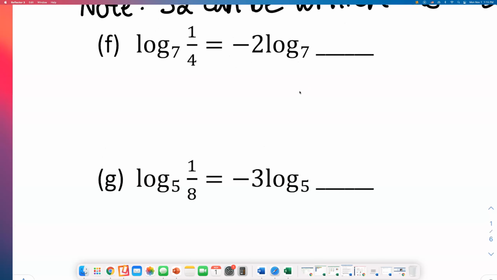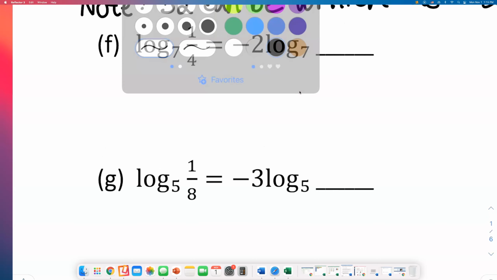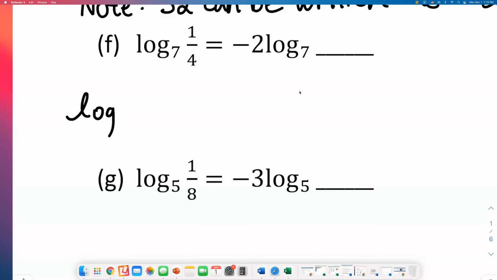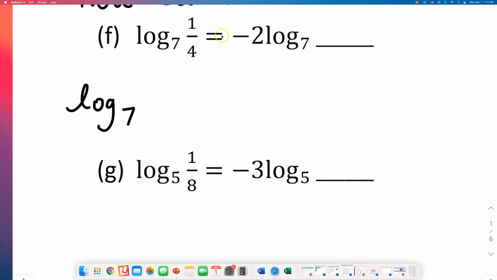What I'm going to do is I'm going to rewrite this log base 7 of 1 over 4. And 1 over 4 is, and you know, many things can be 1 over 4, but what I noticed is this. Take a look at the number that's in front of this log expression on the other side. You see that negative 2 is in front of it, right?